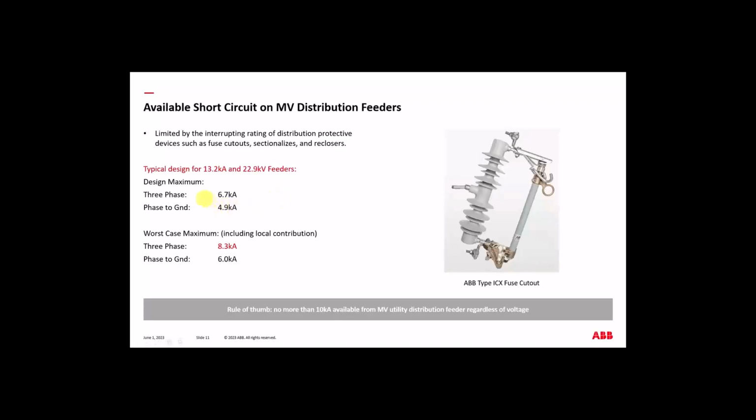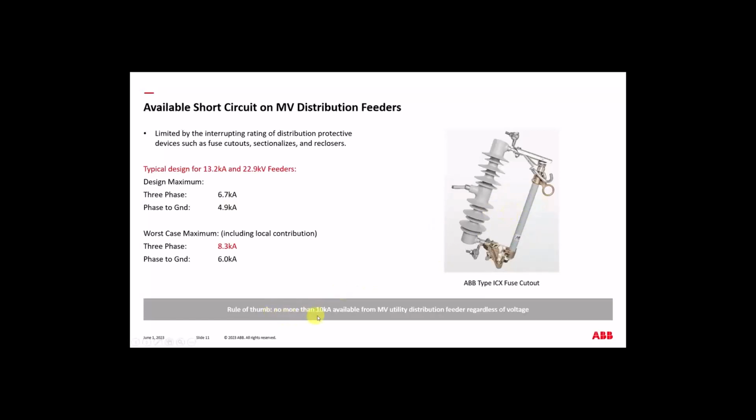So anyway, their design point for a typical either 13.2 kV or 22, so it doesn't matter what the voltage is, their design point in terms of fault current is 6.7 kA. That's it. That's what they're designed to. And the reason is the distribution equipment, like fuse cutouts, things that are on that overhead line, they're really only limited to about 10 kA.